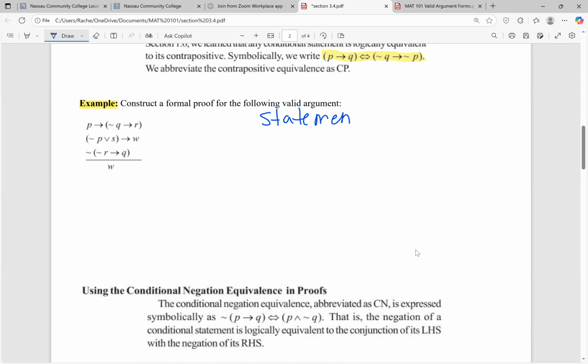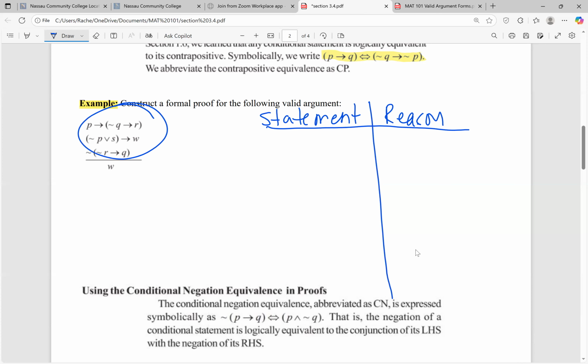We're going to construct a formal proof for this valid argument. So let's set up our statements and our reasons. Again, what I like to do is just scan the premises, see what I can start piecing together in terms of these valid arguments. We have a bunch of conditional statements, right?